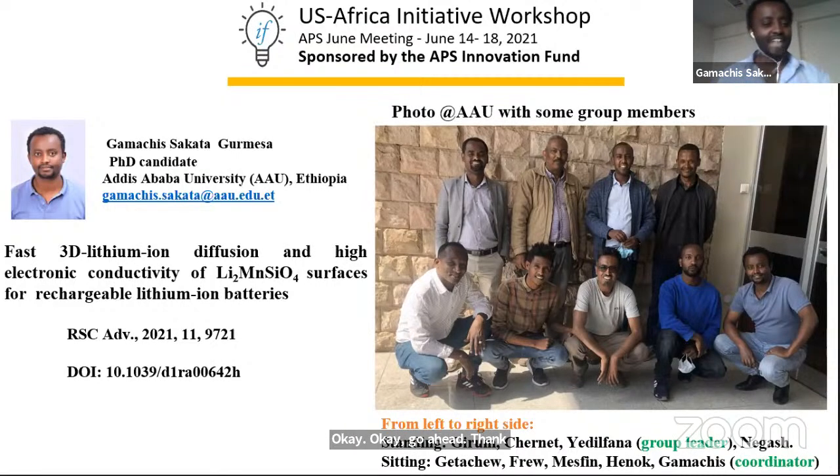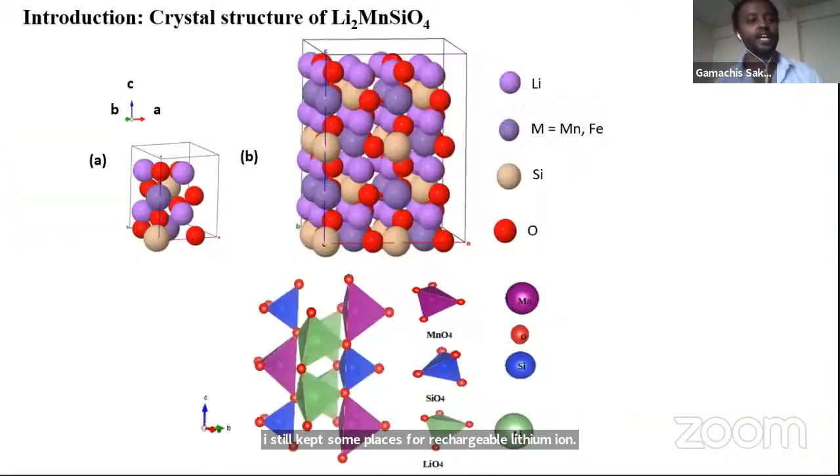Yeah. So now I want to talk on fast 3D lithium-ion diffusion and the high electronic conductivity of lithium manganese silicate surfaces for rechargeable lithium-ion batteries. As you can see from the figure, this is a crystal structure of lithium manganese silicate.